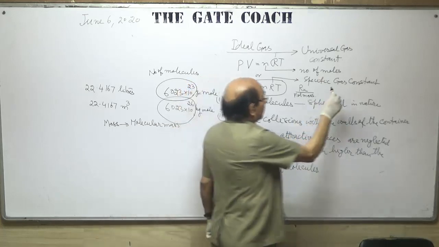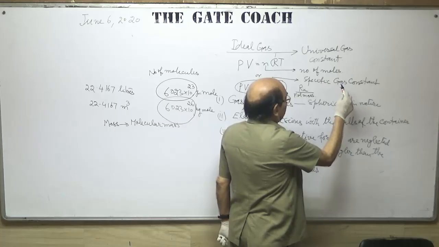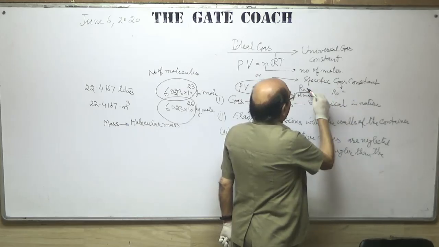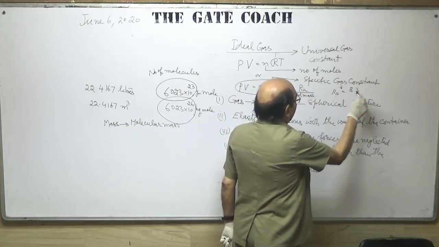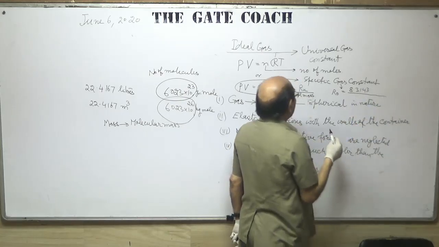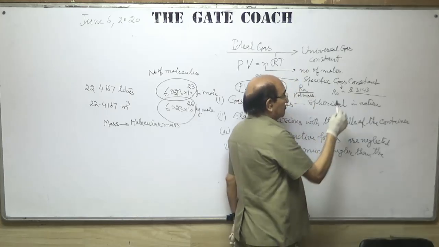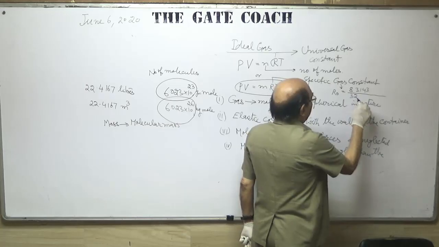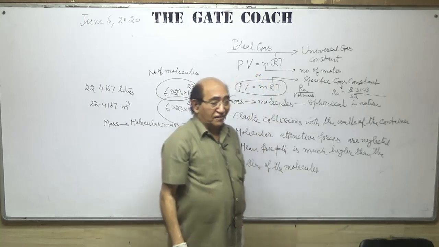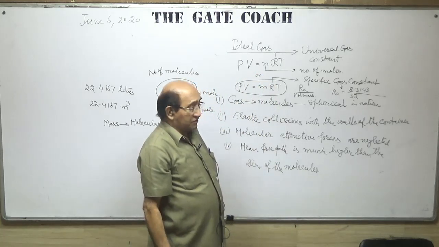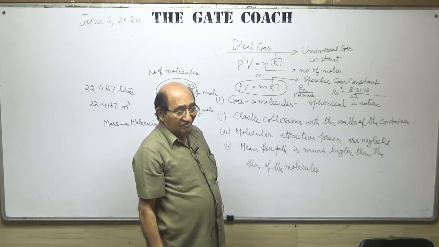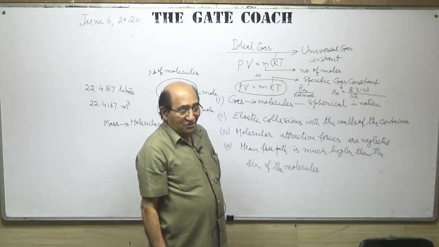For example, I want the specific gas constant for oxygen. Universal gas constant is 8.3143 and molecular mass, what are the units? For oxygen, 32. I have seen, if I ask the student what is the molecular mass of oxygen, he says 32. But what is the unit of 32?